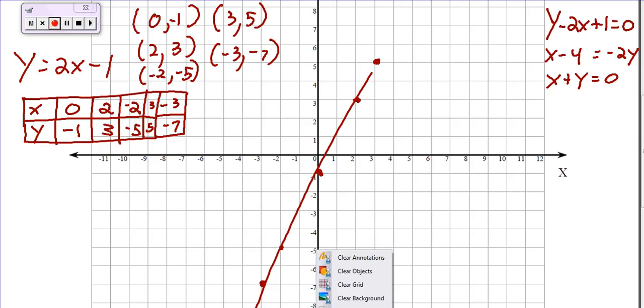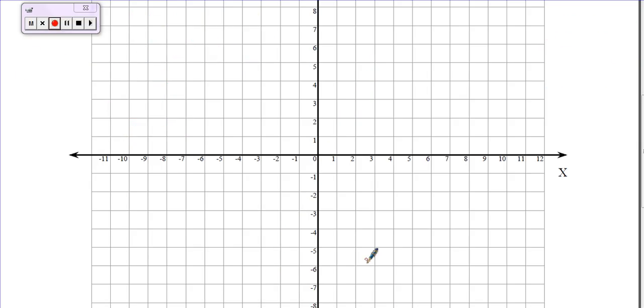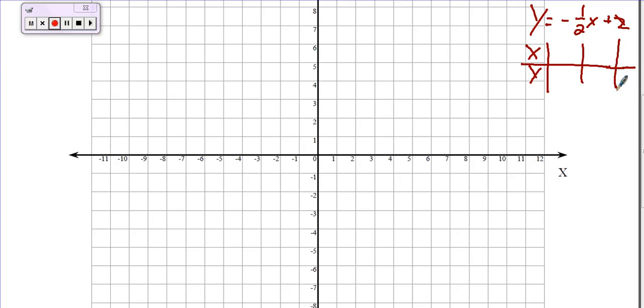All right, so let's try a different one. Let me clear the screen. Well, what about a new equation, y equals negative 1/2 x plus 2. All right, so we would begin by creating a chart for x and y, and give me 3 numbers that x could be.